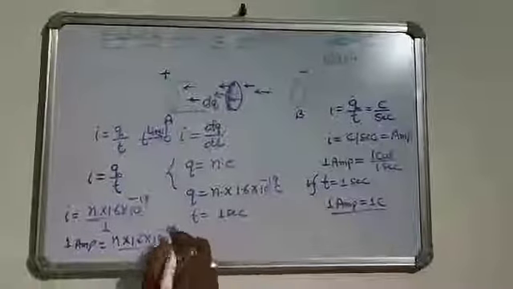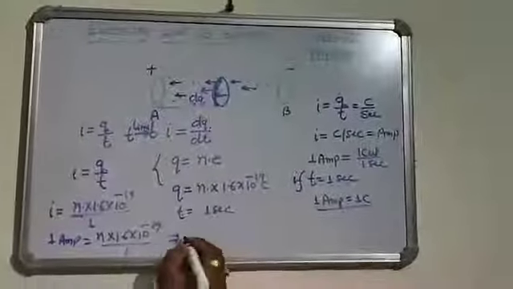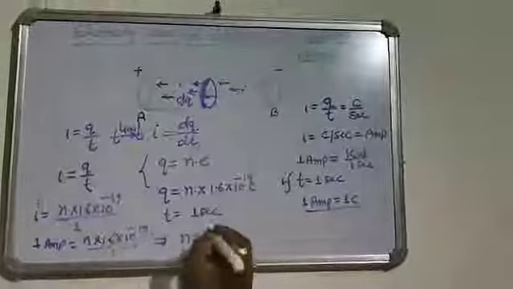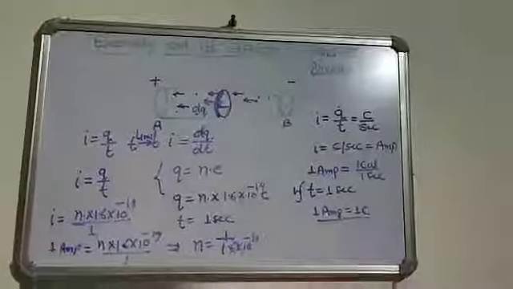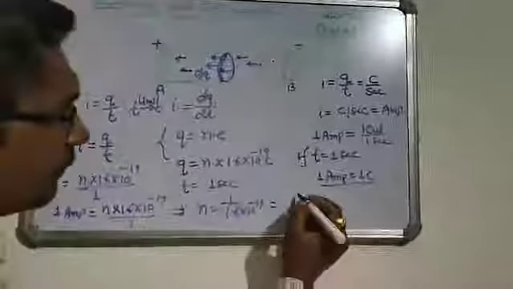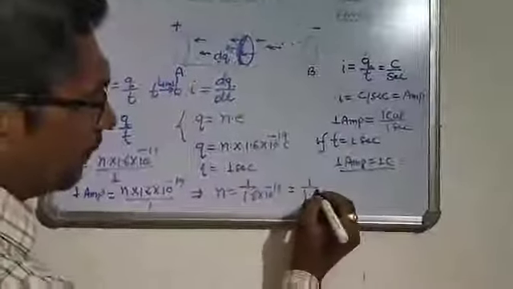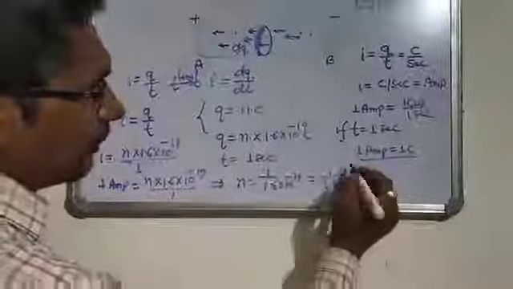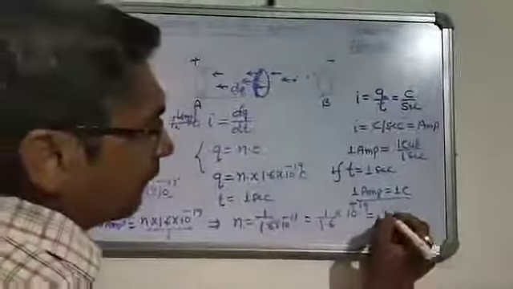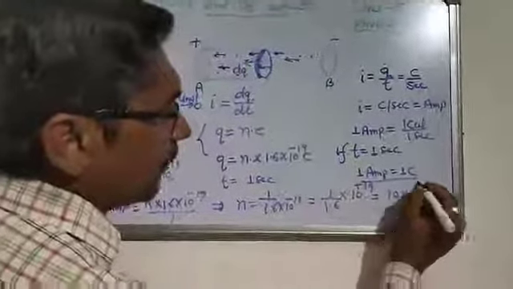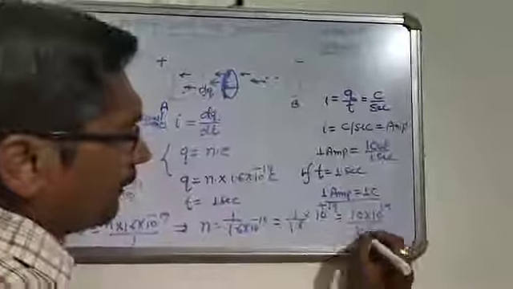So N is equal to 1 by 1.6 into 10 to the power minus 19. This is equal to 1 divided by 1.6 into, and the power is going upward, so it's plus 19. So this is equal to 10 into 10 to the power 19 by 1.6.